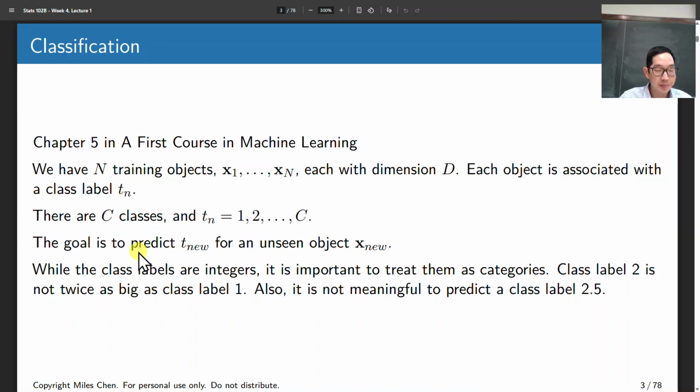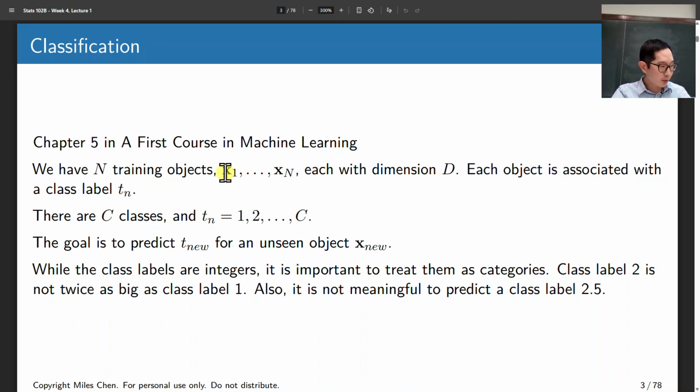Our textbook says we have these training objects, each of which is a vector x, okay? We have n of these, and these vectors x are in d dimensions.